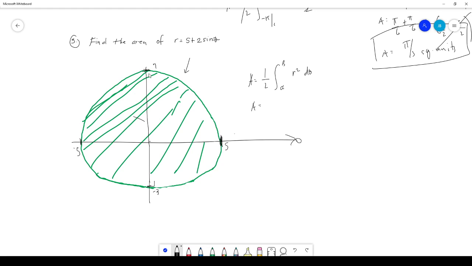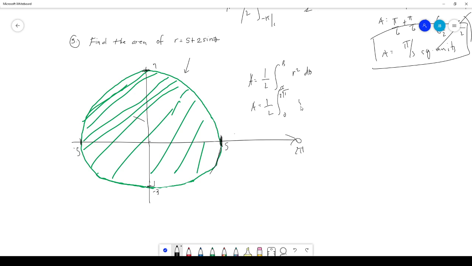Then it rotated until it got back to 2 pi. So therefore it's from 0 to 2 pi, or 0 to 360. 0, 90, 180, 270, 360. So it came back to 360. That's why that is our limit.